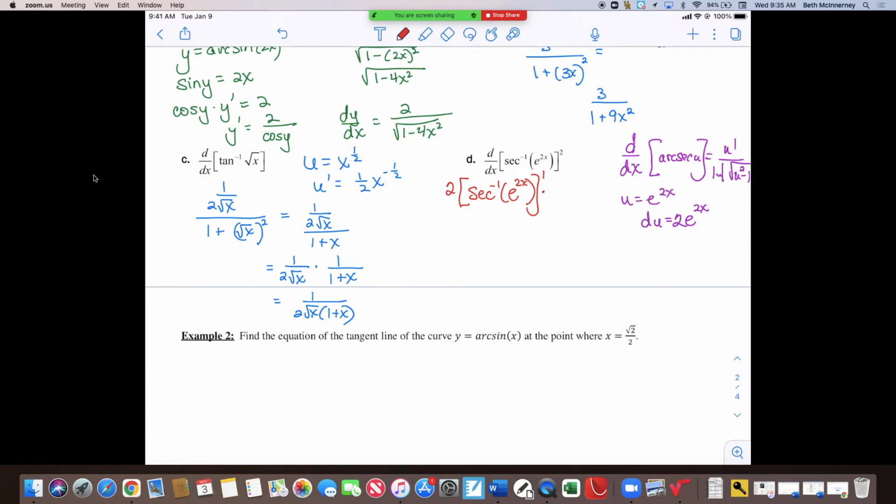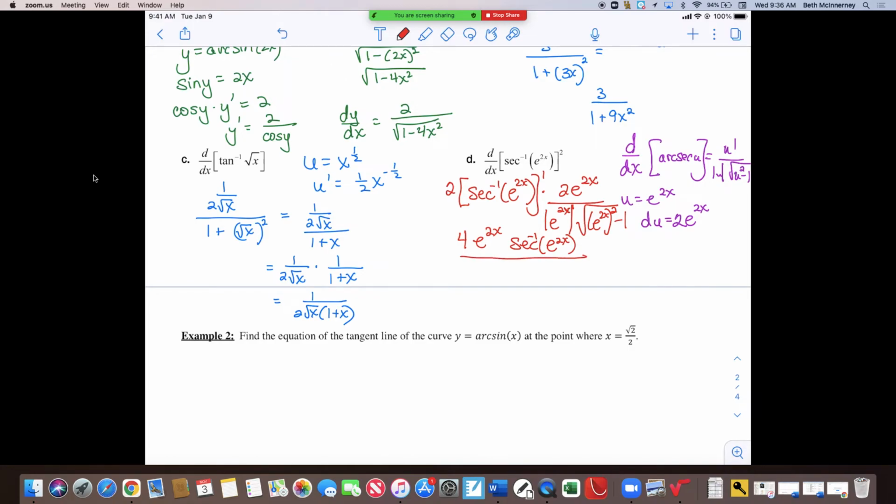Now I'm doing that derivative of the inside, which is the derivative of inverse secant, which would be u prime over the absolute value of u times the square root of e to the 2x squared minus 1. Yeah, I missed that little 2 on the outside. So that's 4 e to the 2x inverse secant e to the 2x.